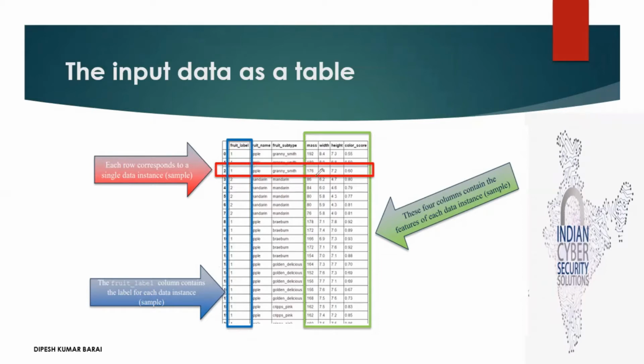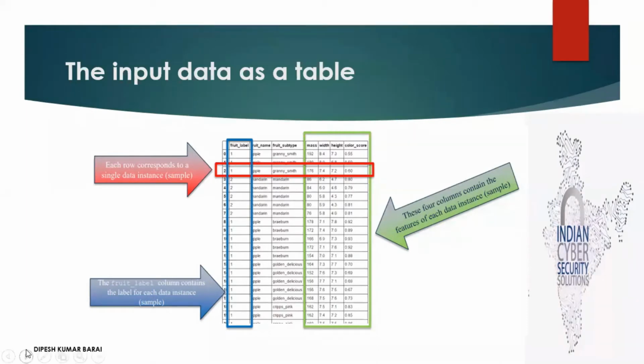Suppose an apple has mass 176, width 7.4, and height 7.3. Another apple has mass 190 and width 8.4. Every value is stored in these four columns: the four features are mass, width, height, and color score.